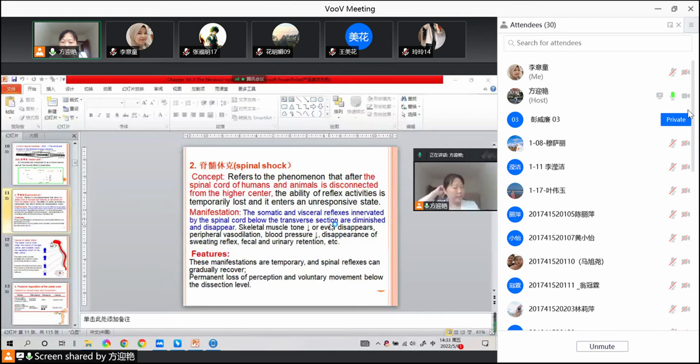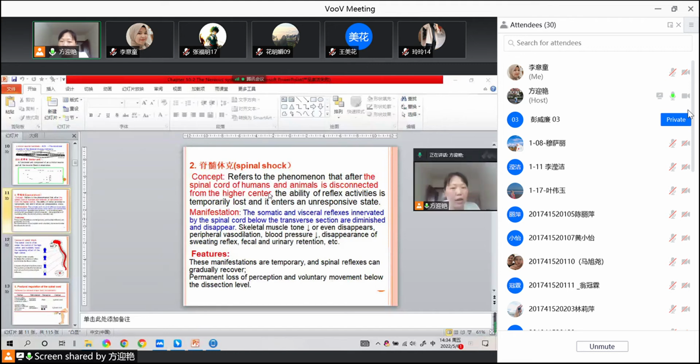Then we study spinal cord function, apart from the brain and the higher level centers. Here we should use animal models, and this is also based on clinical patients, which we call spinal shock.